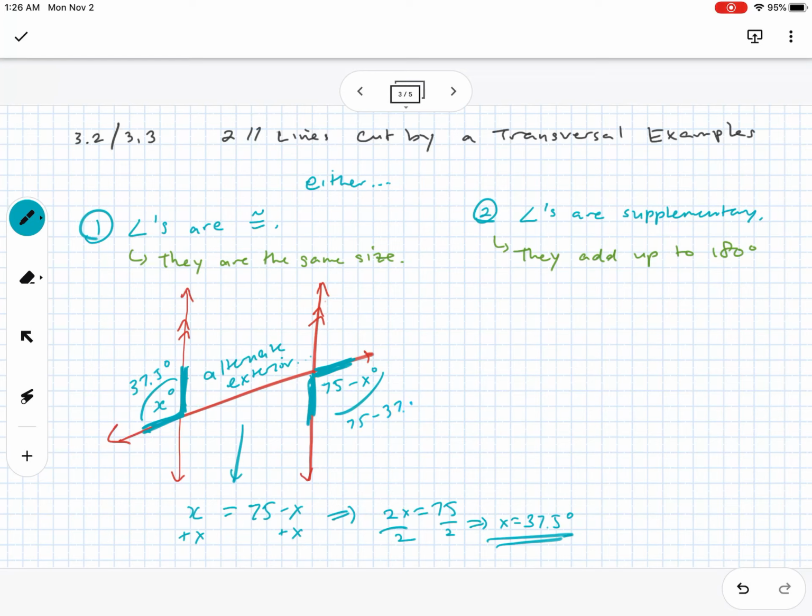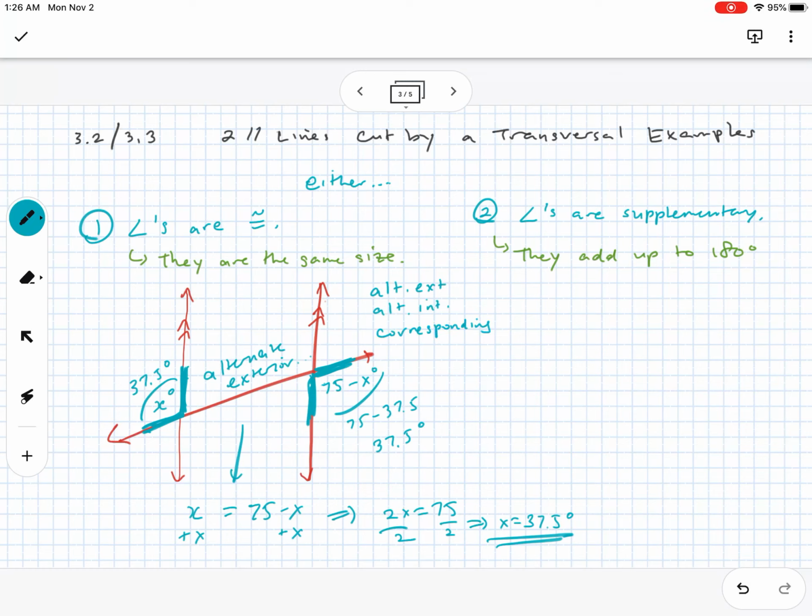Okay, and notice when I put 37.5 into here, here's my answer for that one. And then when I put 75 minus 37.5, I get 37.5, which is a good sign.